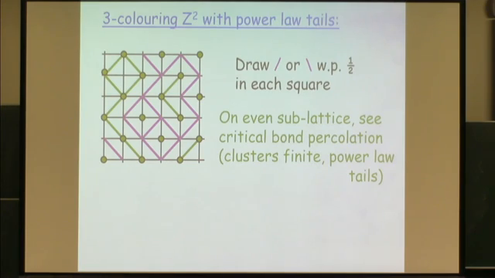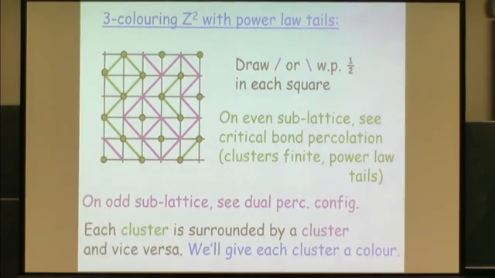So that's good news, because we know lots about bond percolation with p equals a half. It's critical percolation. So the green clusters are finite, but they have power law tails. They're quite large. On the other hand, what about the remaining pink diagonal lines? Well, those are precisely the dual percolation configuration on the dual square lattice.